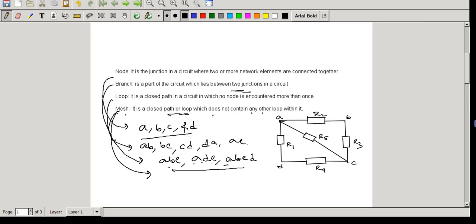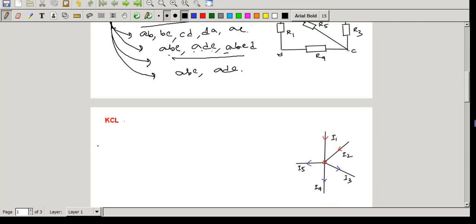But mesh, we can say there are only two meshes. What are the meshes? A, B, C, and another A, D, C. We can't say that ABCD is a mesh. Why? Because inside that loop another two loops are there. That's why we consider only these two. Now, if we know these definitions, we can easily identify in a circuit what is the node, branch, loop, and mesh.